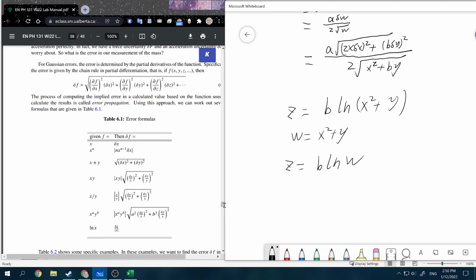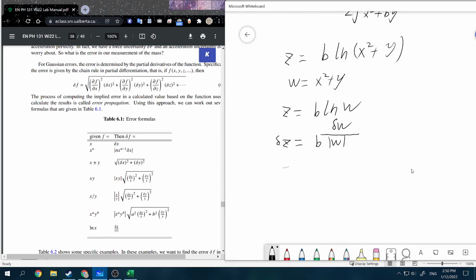And then we use this formula here so that a of z is equals to b absolute sign and the a of w. And then a of w is easy enough. The a of this plus that, use this formula, a of x squared plus a of y.